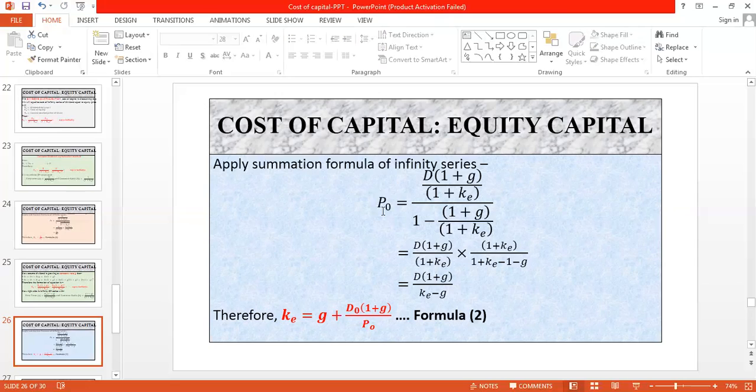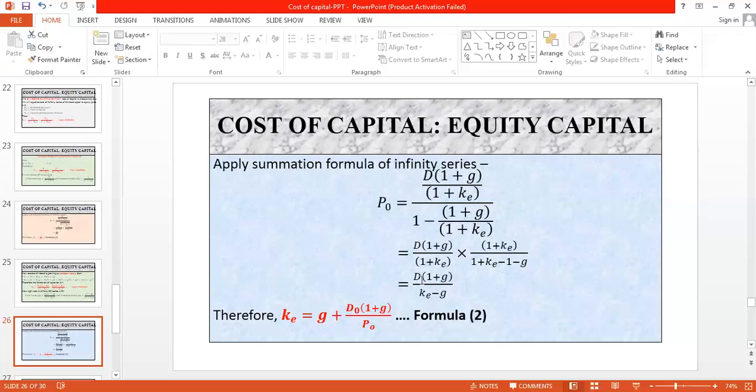So it is P0 is equal to D0 into 1 plus G divided by 1 plus K, divided by 1 minus 1 plus G by 1 plus K. So D0 into 1 plus G by 1 plus K into 1 plus K divided by, now it is 1 plus K minus 1 minus G. So again 1 plus K will cancel out, and in 1 plus K minus 1 minus G, the 1 will cancel out.